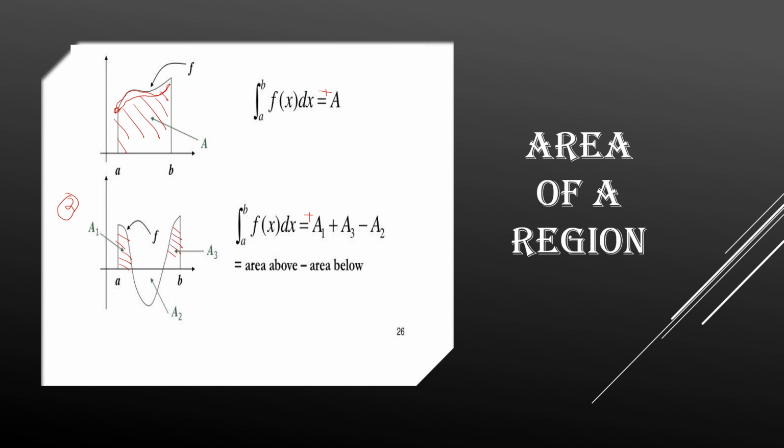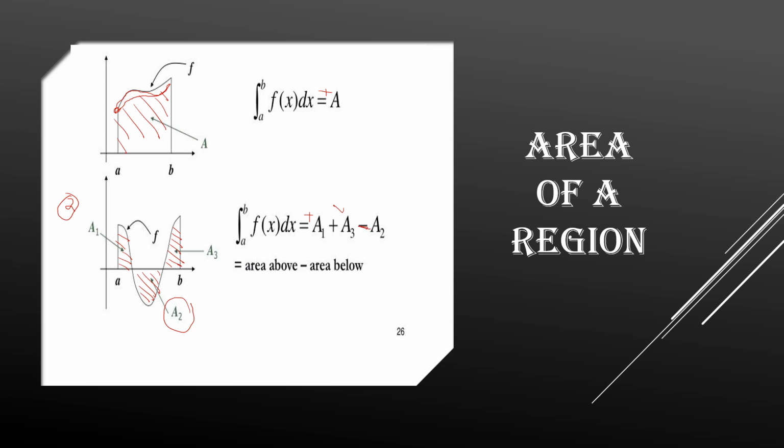Similarly, the area of A3 will also be positive because it is above the x-axis. But the area of the curve which is below the x-axis will be found with a negative sign.